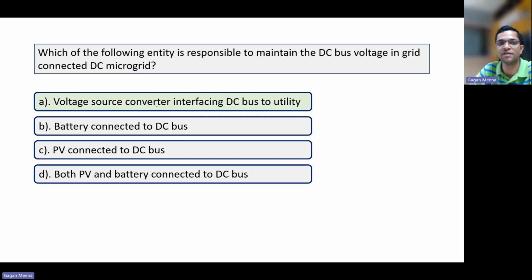The voltage source converter interfacing the DC bus to the utility is responsible to maintain the voltage.